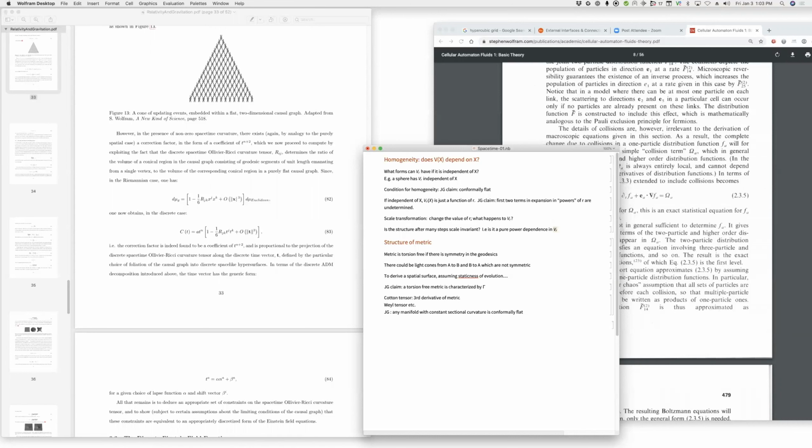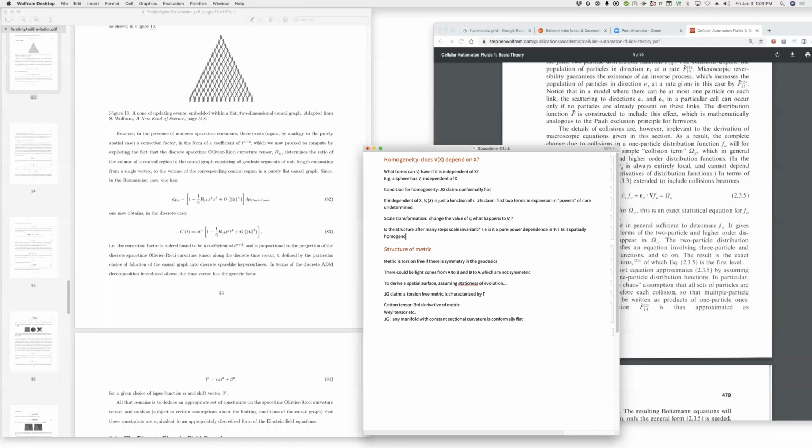Yes. And that's pure in two senses. One is in the sense of spatial dependence. Is it spatially homogeneous? Right. And is it scale free, i.e., R to the D?